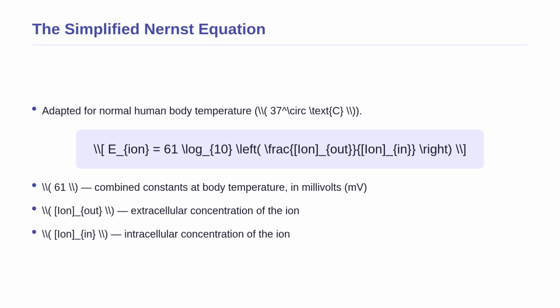The constant 61 represents the combined thermal and physical constants and gives our result directly in millivolts. The variables still represent the outside and inside concentrations. This simplified version is what doctors and physiologists use most often. It clearly shows that if the concentration is higher outside the cell, the ratio is greater than 1, and the potential will be positive.